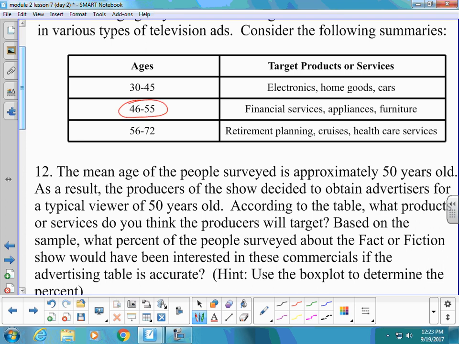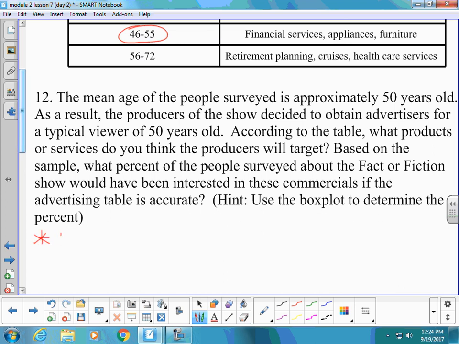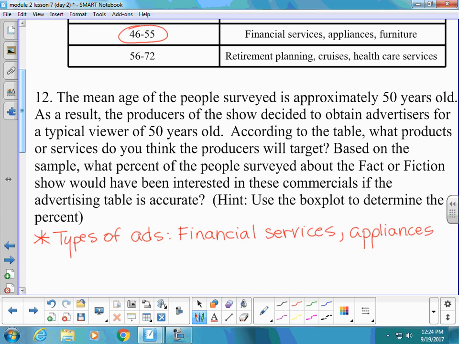So the types of commercials that they played, or the types of ads that they used, were about financial services, appliances, and furniture.